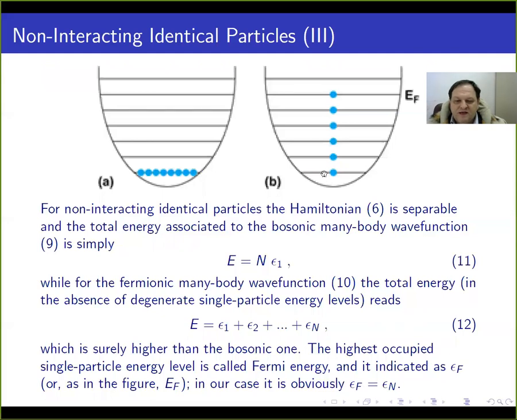So this is the lowest single particle energy level, one fermion, this is the first excited, one fermion, second excited, another fermion, etc., up to the highest occupied.